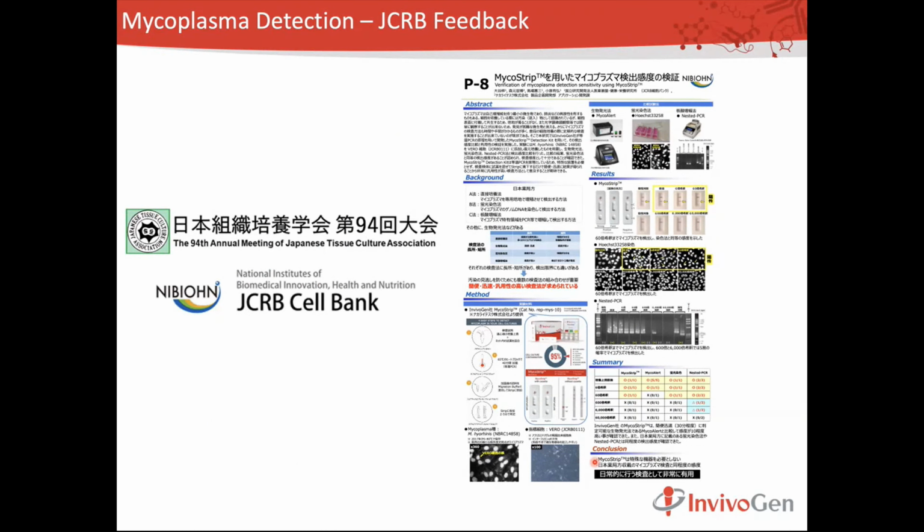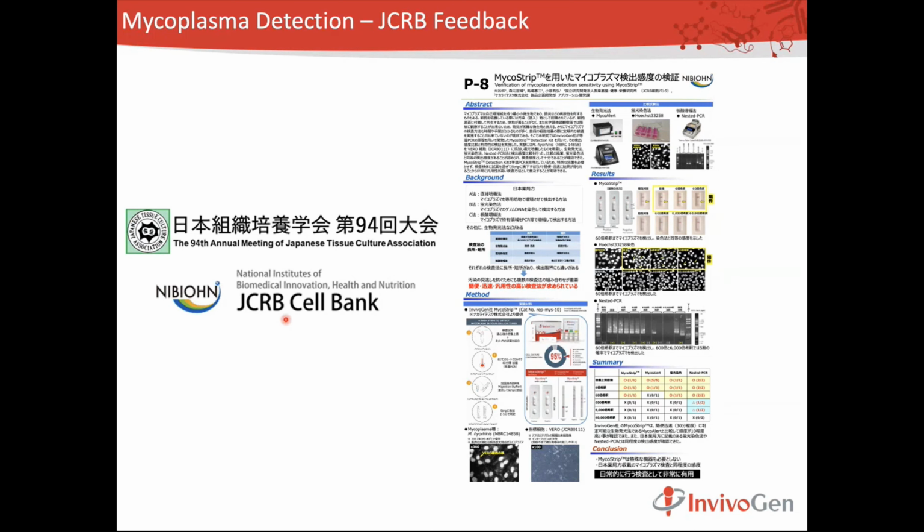And so we contacted another cell bank and they're interested. The cell bank that we are now working with is JCRB Cell Bank. At the very beginning, I mentioned the DSMZ cell bank from Germany. And this JCRB Cell Bank is in Japan, which is another very famous cell bank in the world, equivalent to ATCC in the States.